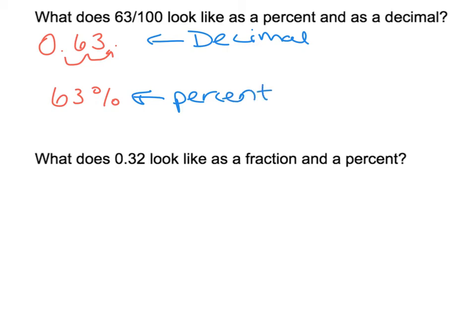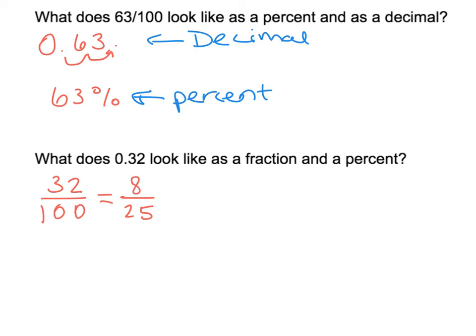Alright, let's try 0.32. Remember, that's pronounced properly as 32/100ths. So if I write 32/100ths as a fraction, I know it's just going to look like that. And I can simplify because I know that 32 and 100 are both divisible by 4. 100 divided by 4 is 25, and 32 divided by 4 is 8.